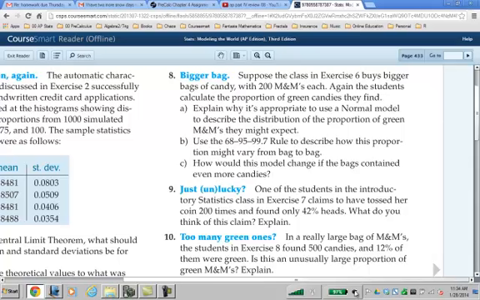So, assuming the bags are random and independent, certainly the M&Ms are randomly arranged in the bag, although we have an independence issue because the M&Ms are not infinite. We're sampling without replacing. Certainly 200 is less than 10% of the population of M&Ms, which probably is in the billions.